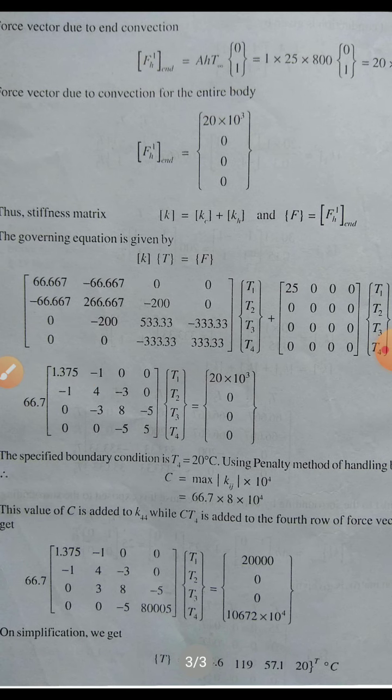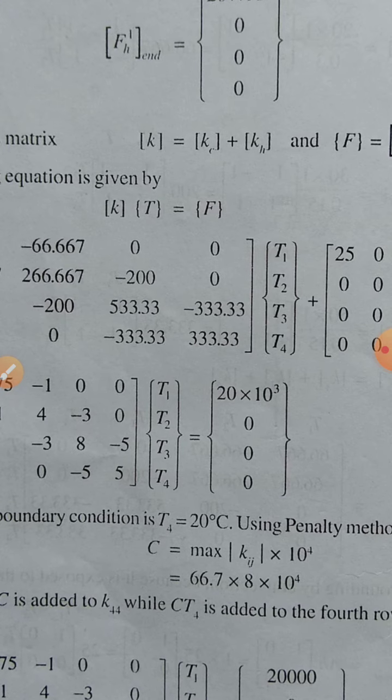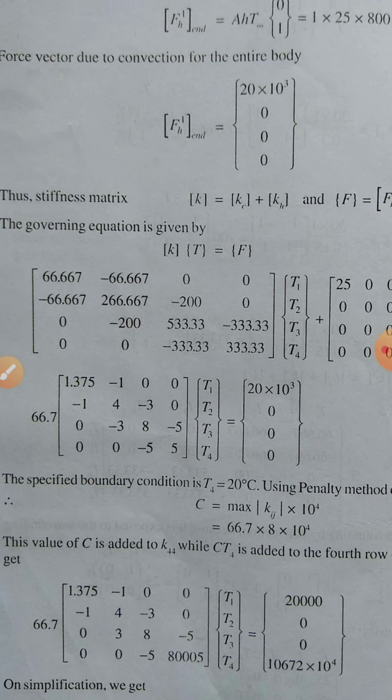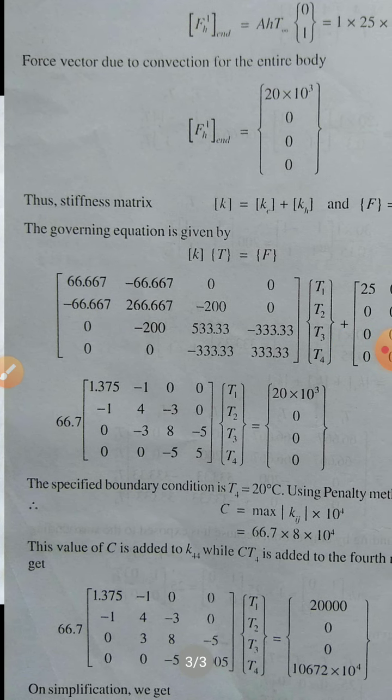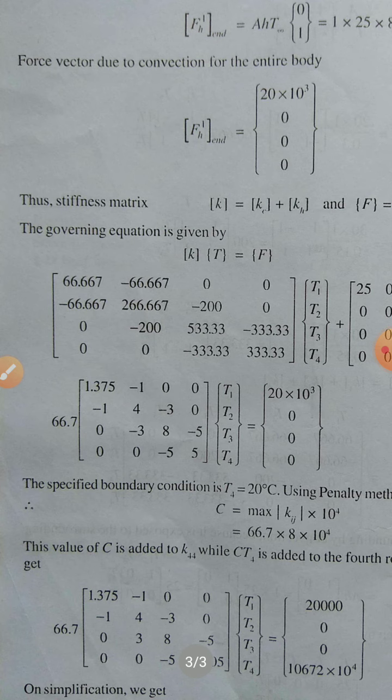Already we know the equilibrium equation K q is equal to F in case of the bar element, but here K T is equal to F, where instead of displacements we consider the nodal temperatures. So K is the global stiffness matrix, T is the nodal temperatures, and that is equal to the force vector. Just substitute in this form and we get the matrix as shown.